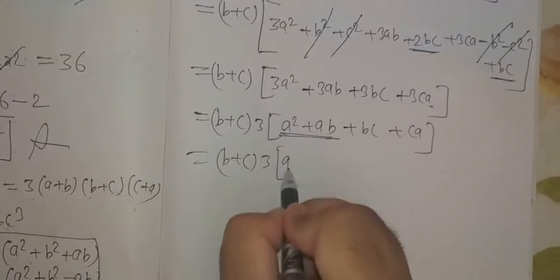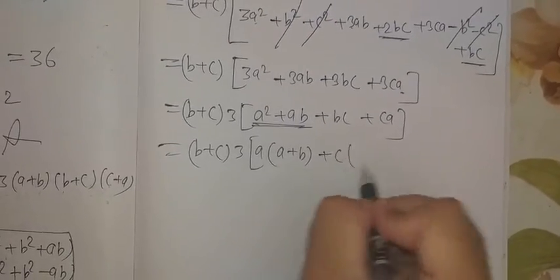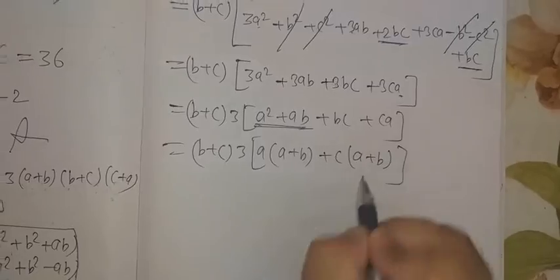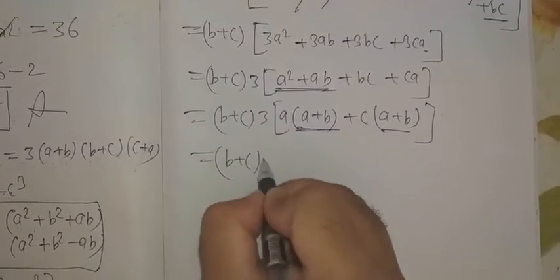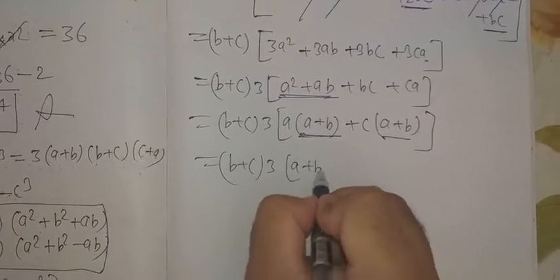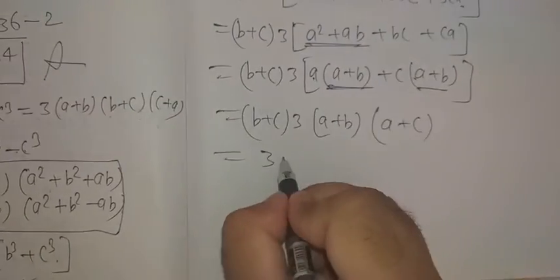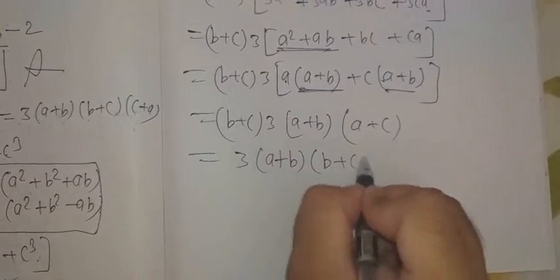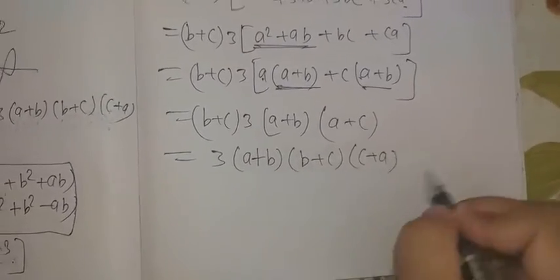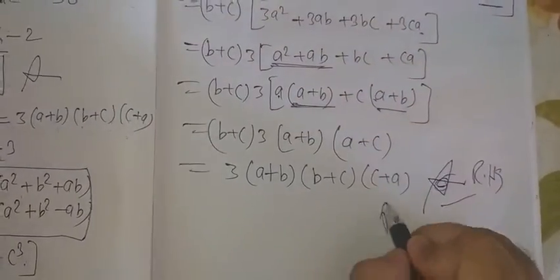In this term a is common, so that is a plus b. In this term c is common, so that is a plus b. So take a plus b common. So b plus c into 3, a plus b common, and this becomes a plus c. In this way you can write 3 into (a plus b) into (b plus c) into (c plus a). That is the right hand side. So in this way you can say that it's proved.